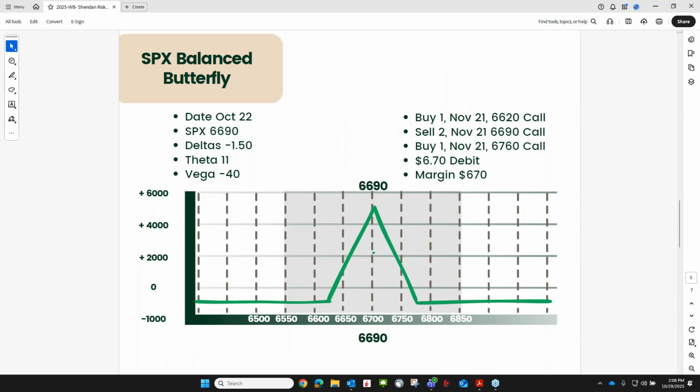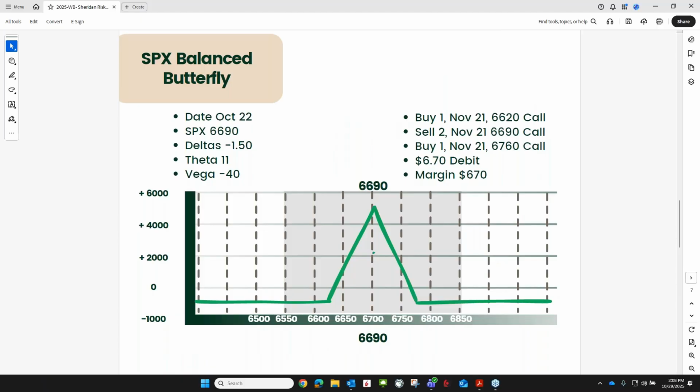So if SPX went down 30 points, I'd expect to make around, just from the deltas, this is a quick and easy definition, $30 down in SPX times 1.5, it'd be about $45, right?